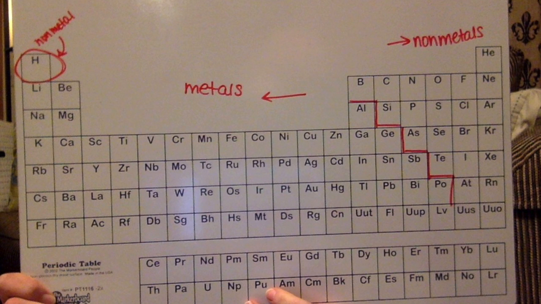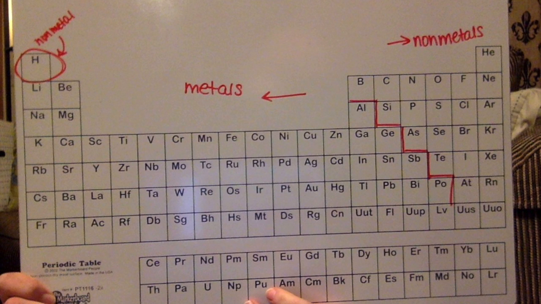Anything then that falls on the left side of the periodic table, or the left side of the stair step, I guess, is going to be your metals. Anything on the right side then is going to be your nonmetals. There is that one exception as usual.